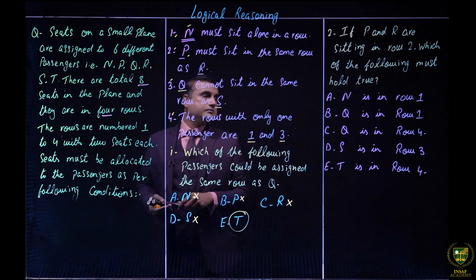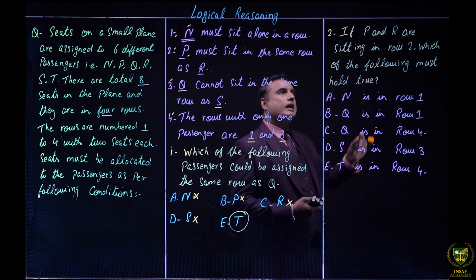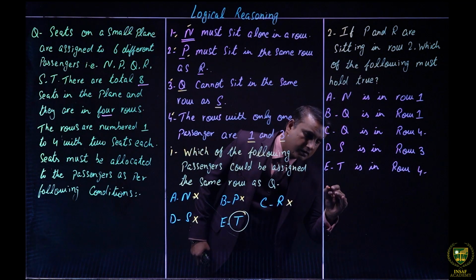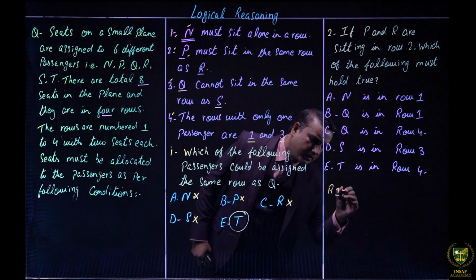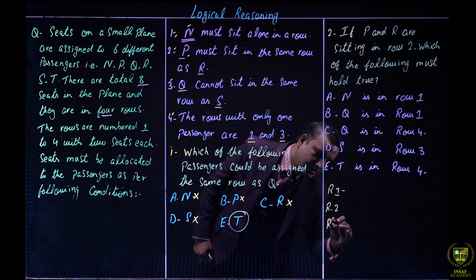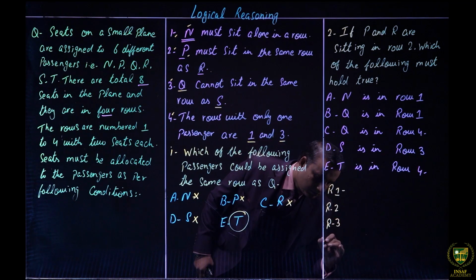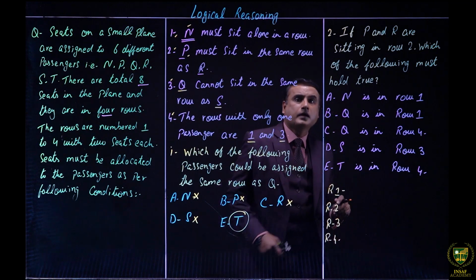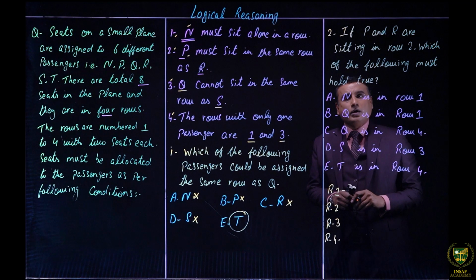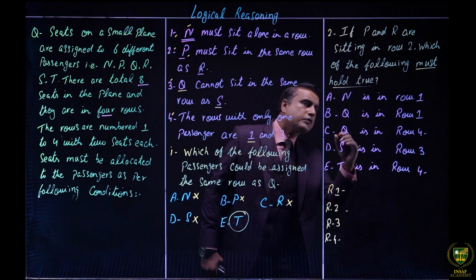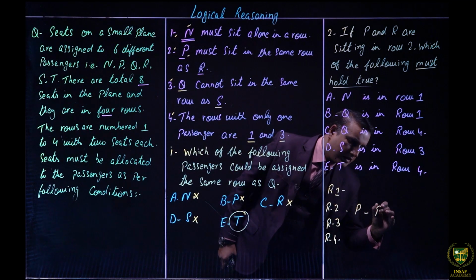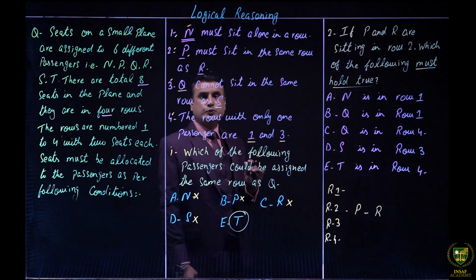Let's see what we observe. If P and R are sitting in row 2, just for your understanding I am writing down the rows so that you may understand in a better and more effective way. Okay, so we are assigning P and R in row 2.